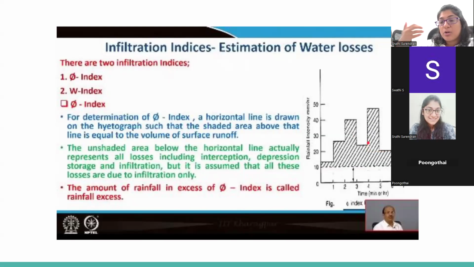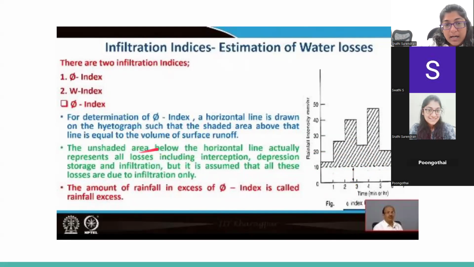That is, this rain is going to go off as runoff, and all the values under this phi index value will go as infiltration. This is the significance of the phi index. It gives us the average rate of infiltration, above which any rainfall goes off as rainfall excess, and below which all of that water goes off as infiltration.